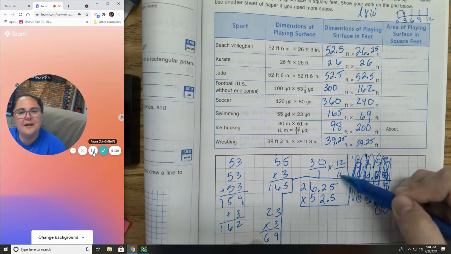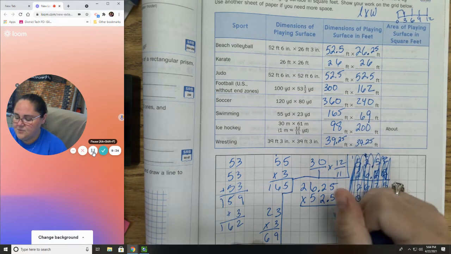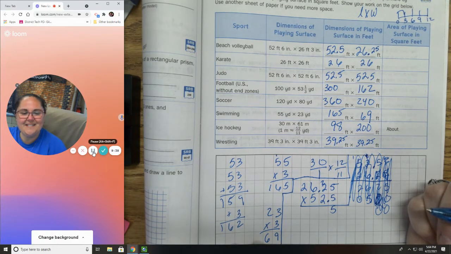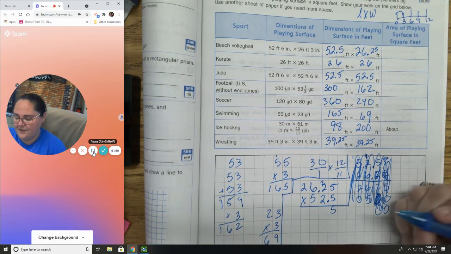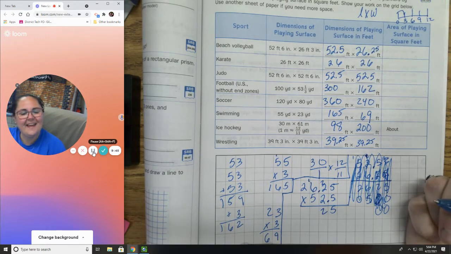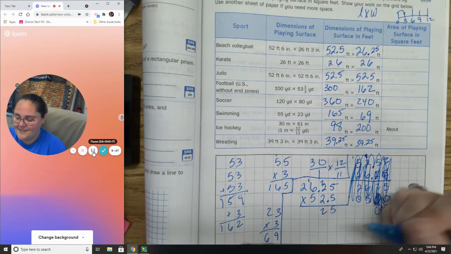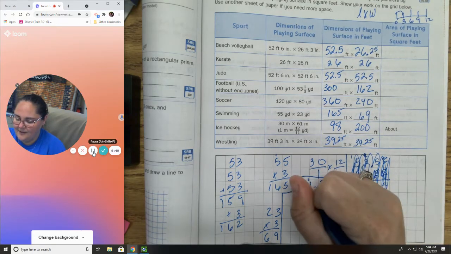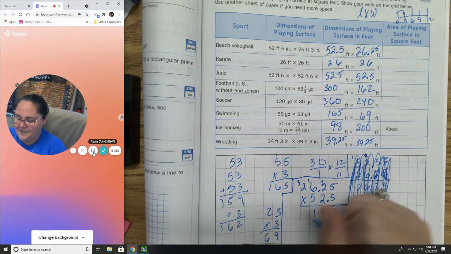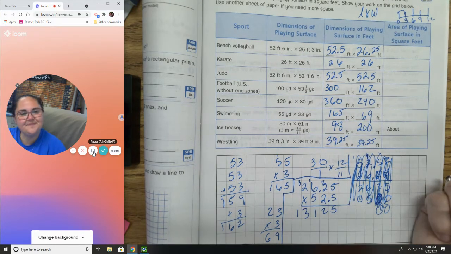If I flipped it, I would have to multiply by 4. Okay? 5 times 5 is 25. Carry my 2. 5 times 2 is 10, plus 2 is 11, 12. Carry my 1. 5 times 6 is 30, plus 1 is 31. Carry my 3. 5 times 2 is 10, plus 3 is 13.